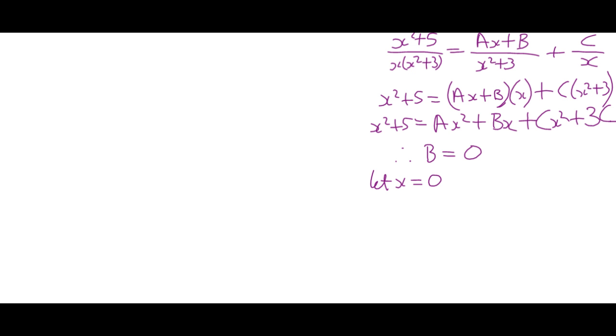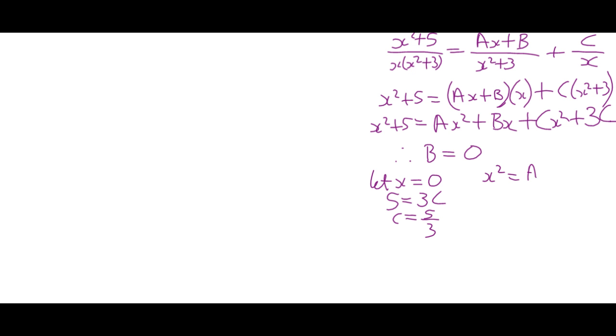I'm just choosing, all right, if we let x equal 0, we get 5 is equal to 3c, so c is 5/3. And then, well, we put the x squared together. Actually, maybe you do have to do it in this order, because you need to know c before you can. Okay, so now let's worry about the x squared, right?